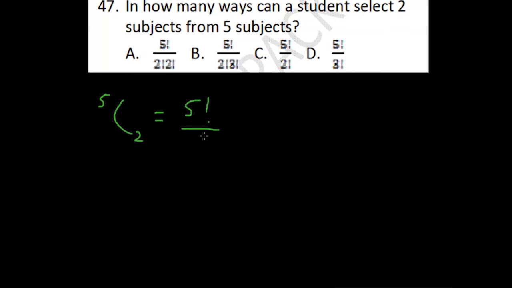It's 5 factorial over (5 minus 2) factorial times 2 factorial. So this is 5 factorial over 3 factorial 2 factorial. That's 5 minus 2 is 3 factorial 2 factorial. So that's the number of ways it can be selected.